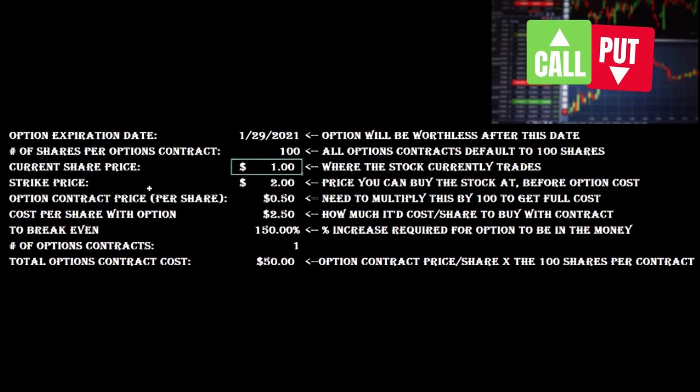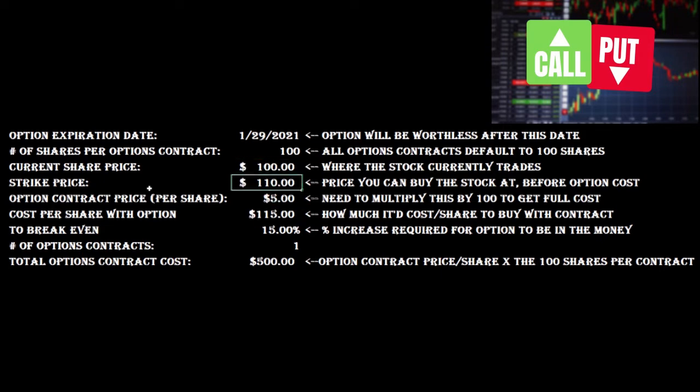So let's just say that you have a stock that is trading at $100 currently, okay? And let's say that you want to buy an option to buy this at $110, okay? Well, you're going to be paying more than 50 cents for that, but let's just say that it's going to be $5. Let's call it that, okay? So now it's currently at 100.